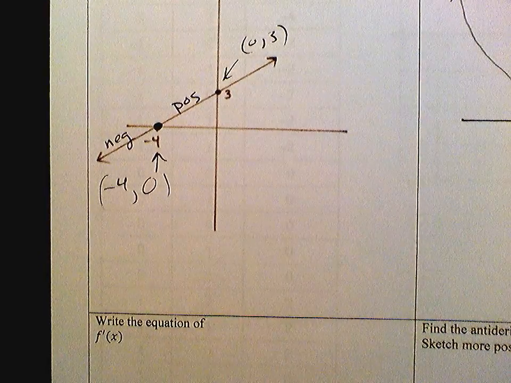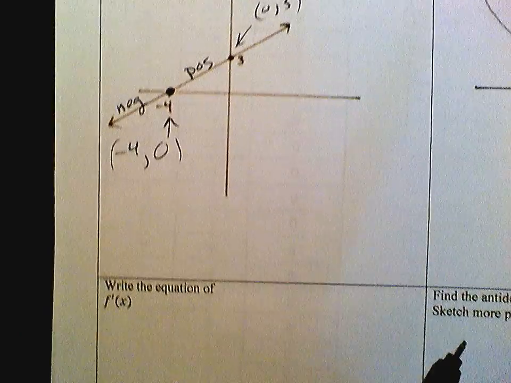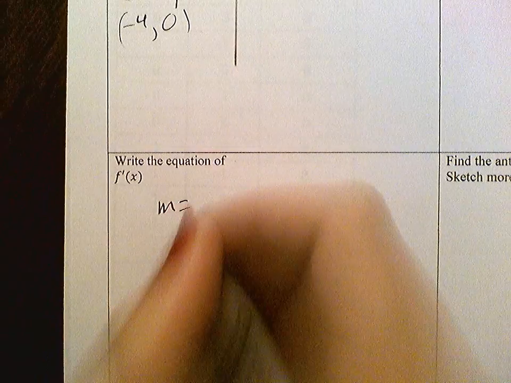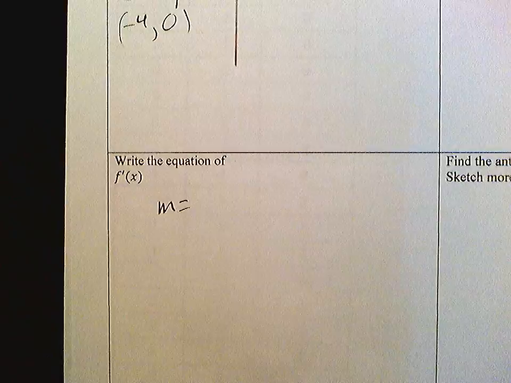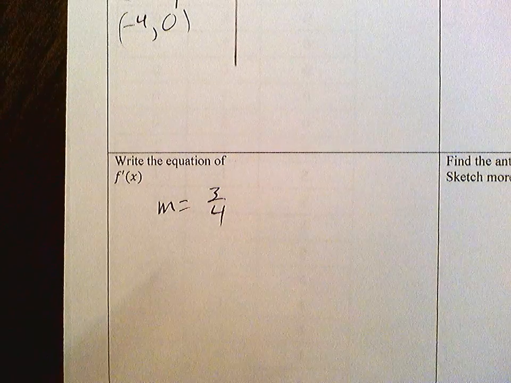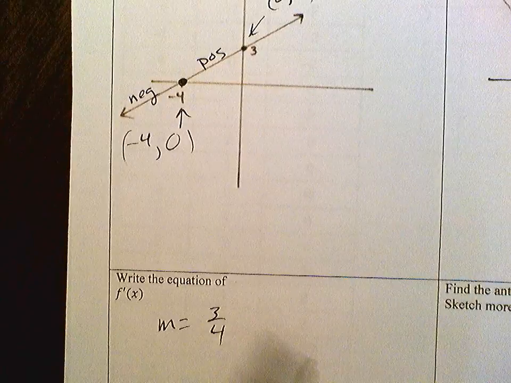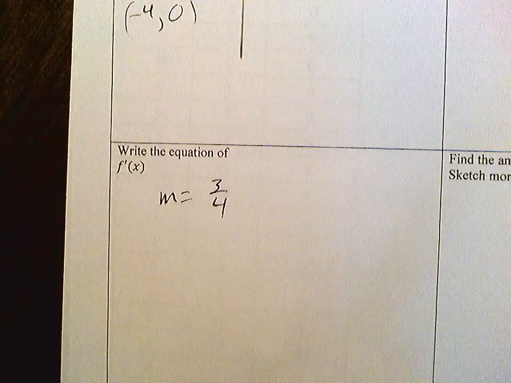And to write the equation of a line, all you need is the slope and 1 point on it, and then you can use the point-slope formula. So I know that the slope is rise over run, 3/4. And if you don't know how I got that, stop and think about it. So I just did rise over run from this point to that point, or delta y over delta x.